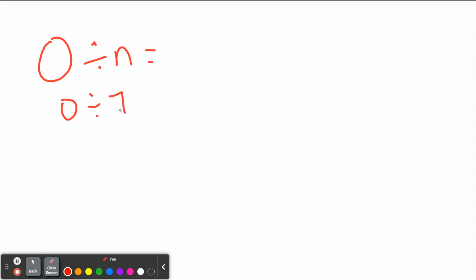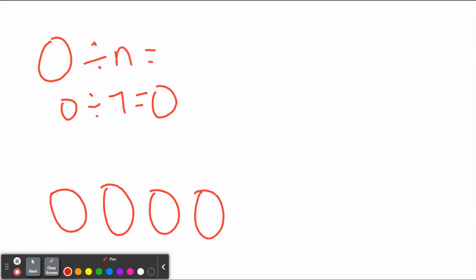Well, I don't have any groups to divide. So it doesn't matter that I have 7 groups. I still don't have any groups to divide into 7. So I'm going to have 0, because if I have 7, and I don't have anything in those groups, then I have 0.